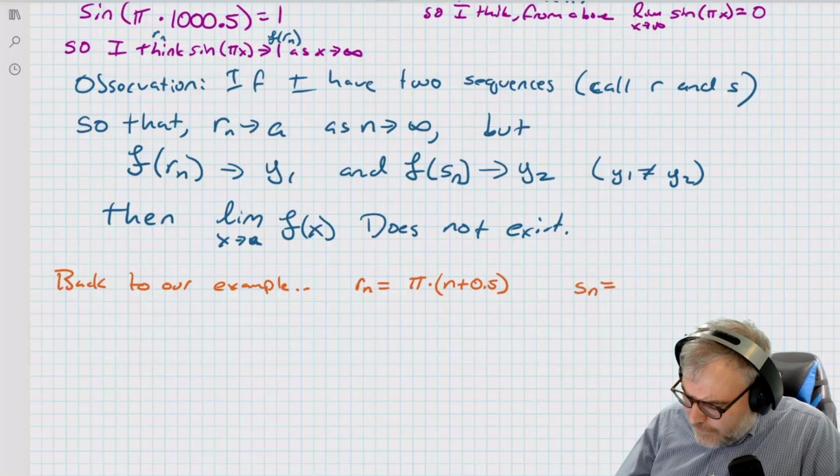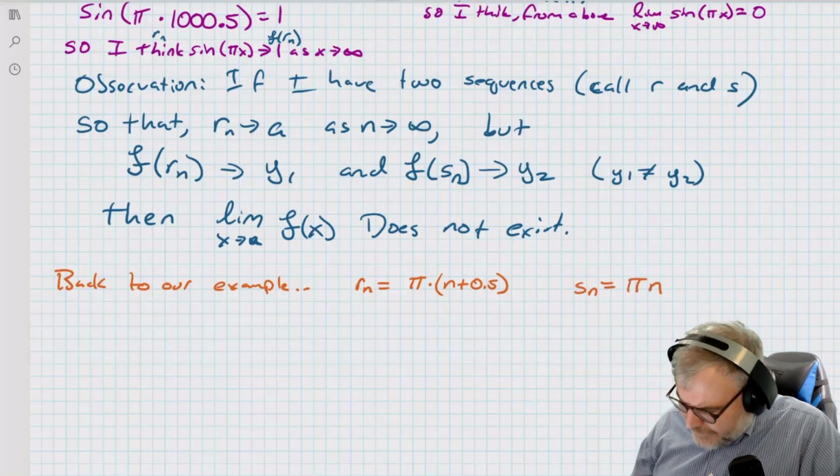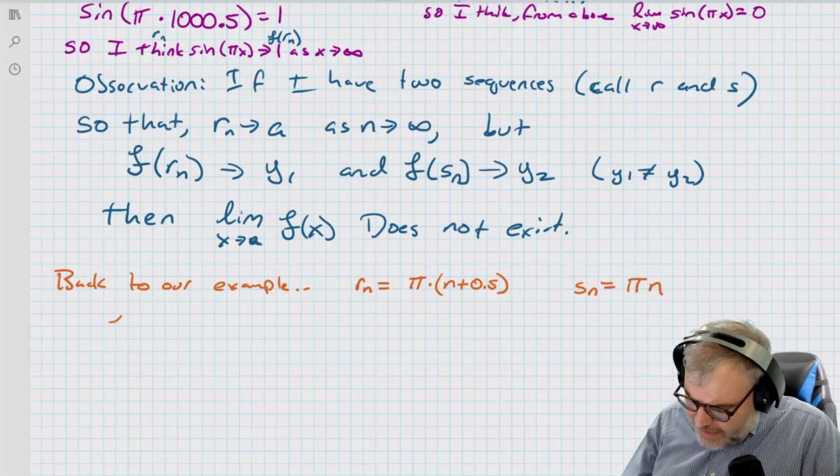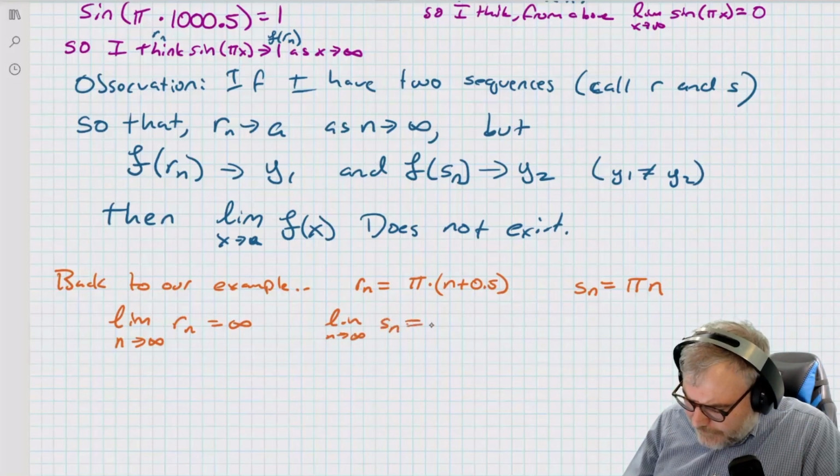Sn equaled pi times n. Okay? So the limit as n went to infinity of Rn equaled infinity, and the limit as n went to infinity of Sn went to infinity.